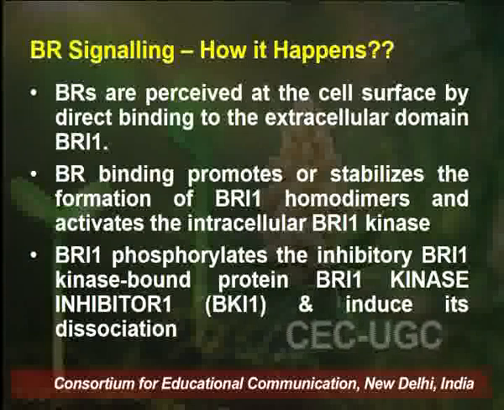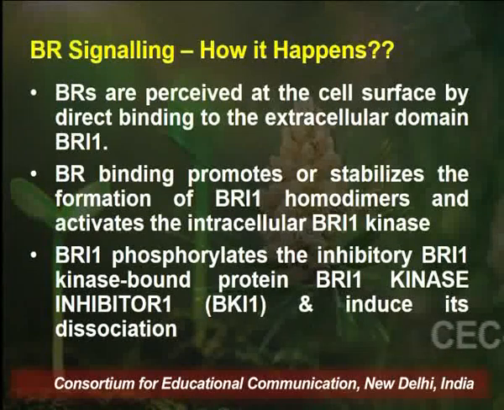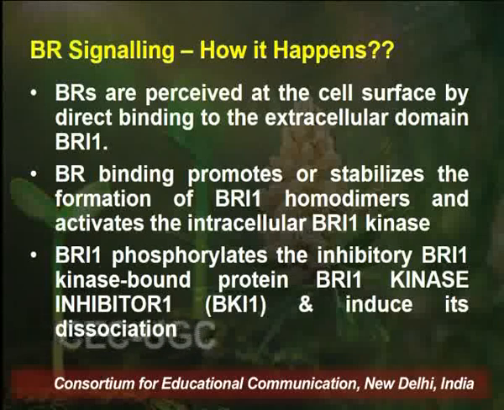Now how does it happen? When brassinosteroids bind to the extracellular domain of the BR insensitive 1, or we can say brassinosteroid receptors, once these brassinosteroid molecules bind to these receptors, they promote or stabilize the formation of BRI1 homodimers.